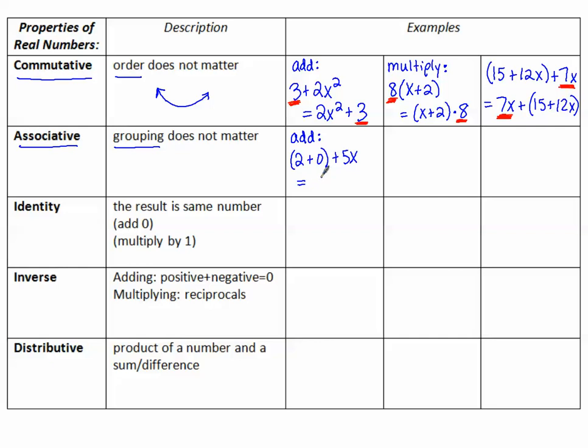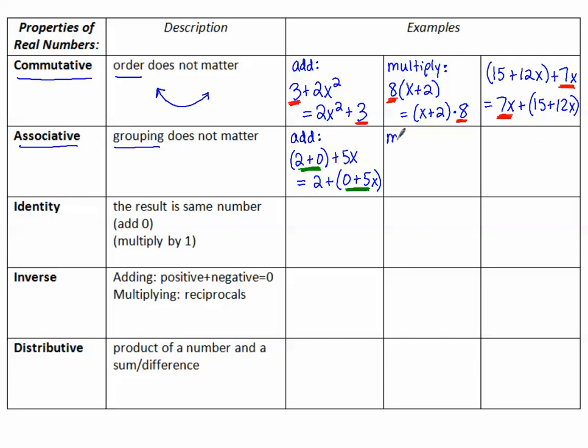That's the same as saying 2 plus the quantity 0 plus 5x. So notice different things here are grouped together. Here the 2 plus 0 is in a group together. Here the 0 and the 5x are in a group together. We get the same results no matter if we group different things first when we're adding.